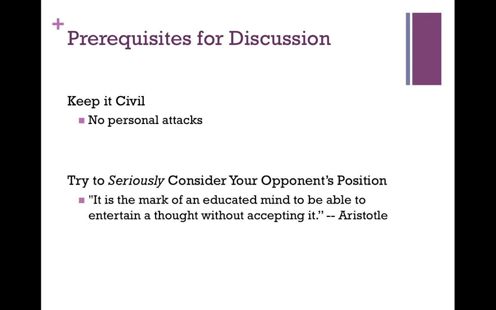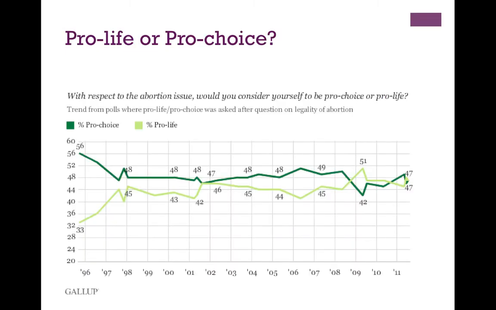Something else I want to point out, and I think this is really important, is that very seldom do people change their opinions when we discuss this. Very seldom do I see people change their points of view at all. In fact, I just want to go back to a slide I skipped here.